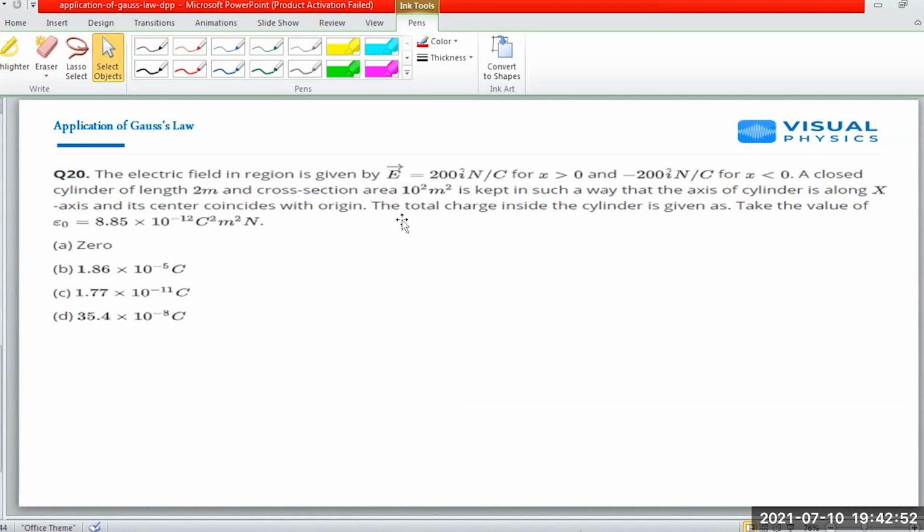Now, question 20 is good. The electric field in the region is given by 200 i cap for x greater than 0 and minus 200 i cap for x less than 0. A closed cylinder of length this and this is cap.